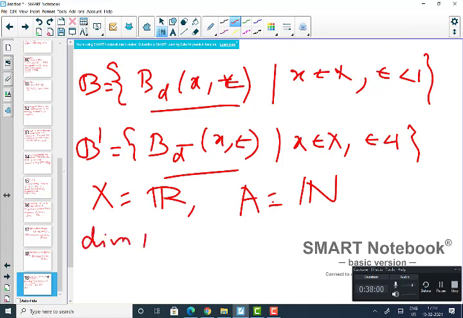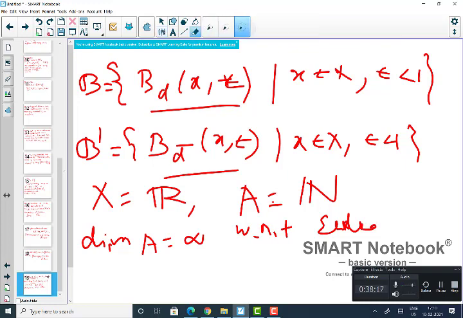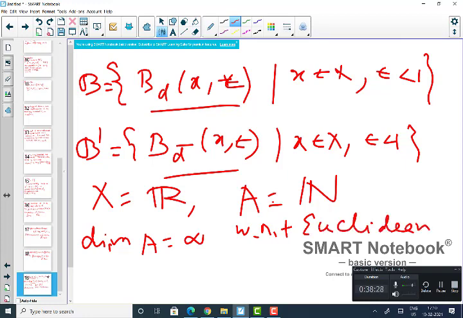Diameter of A equals infinity with respect to the Euclidean metric, right? The Euclidean topology is coming from that Euclidean metric.